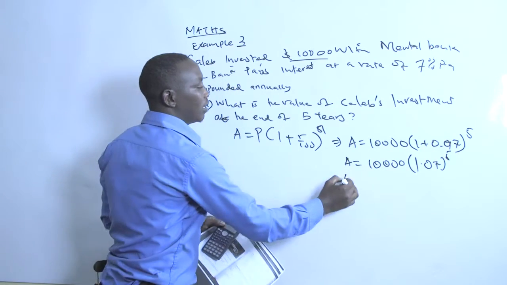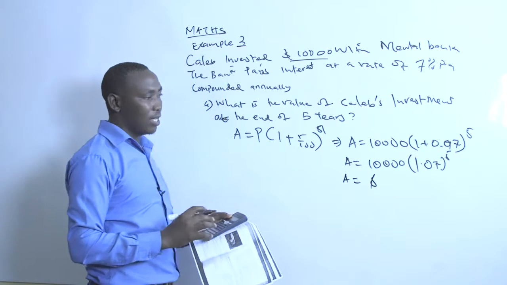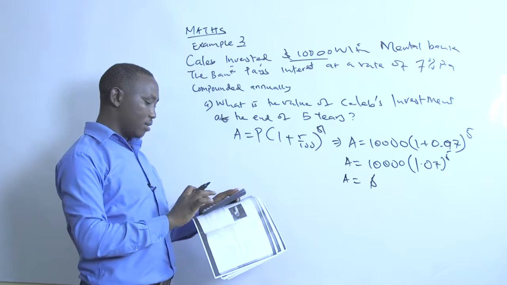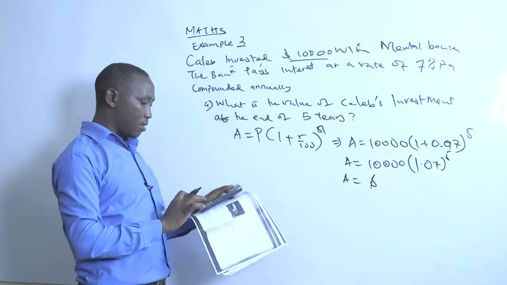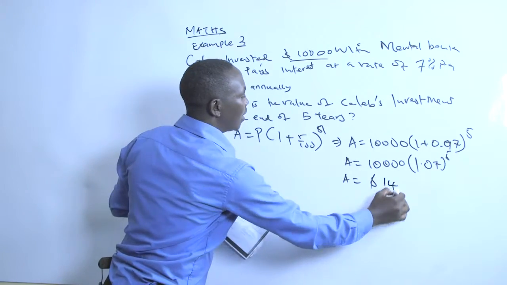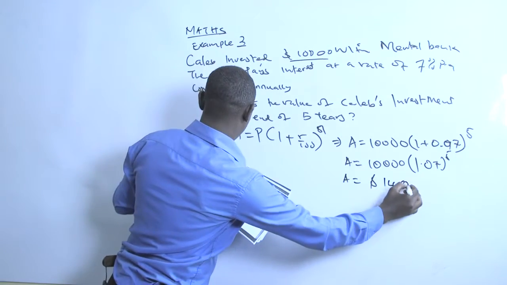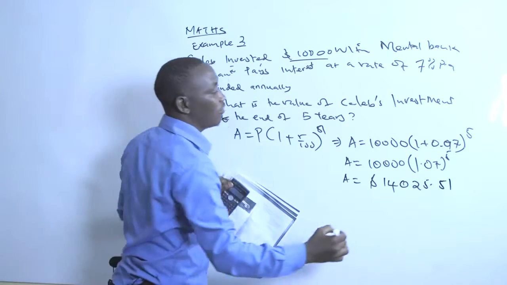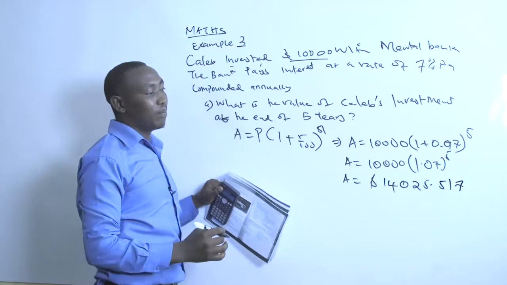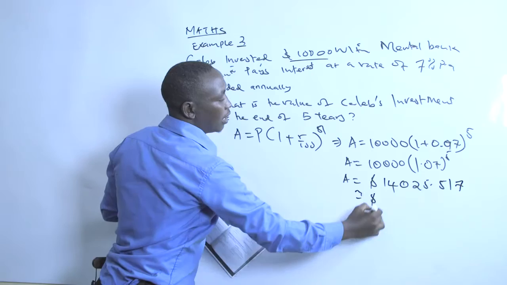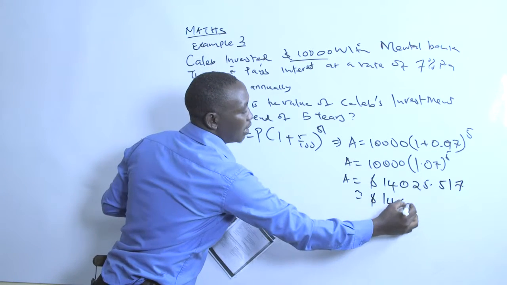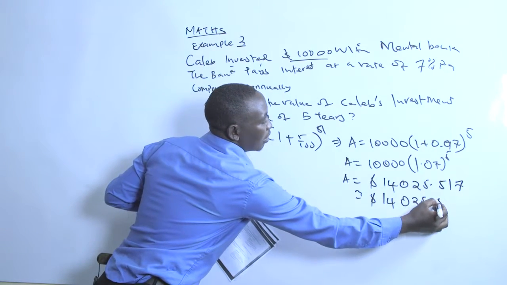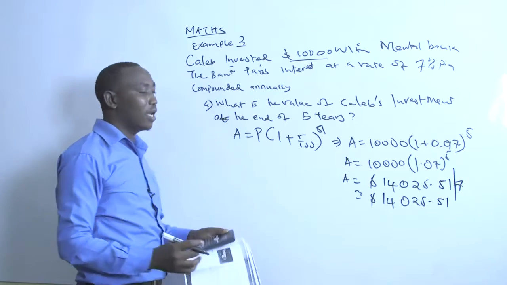So when you calculate that, you'll get that at the end of the 5 years, Caleb will have a total of 14,025.517. Again, when you truncate that, it will give us $14,025.51. You simply do what you call truncation.